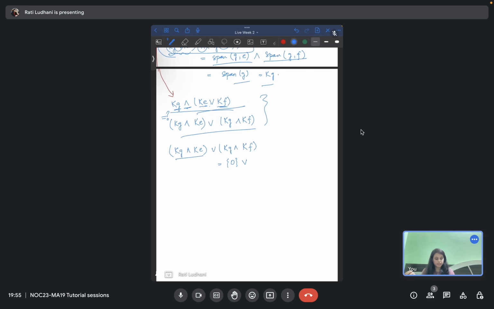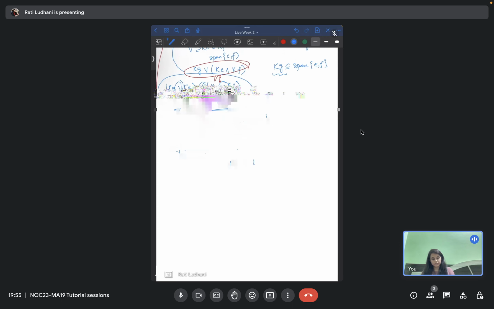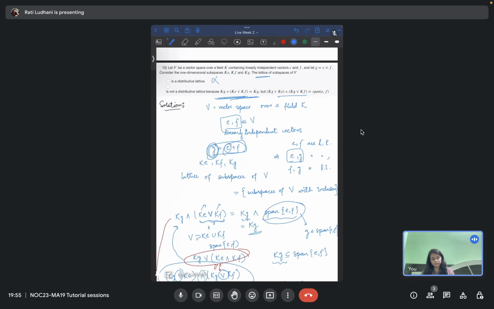And KG and KF, G and F are linearly independent, so this should be 0. So the join will be 0, right? So these are not equal. This is not equal to KG, so this is not a distributive lattice.